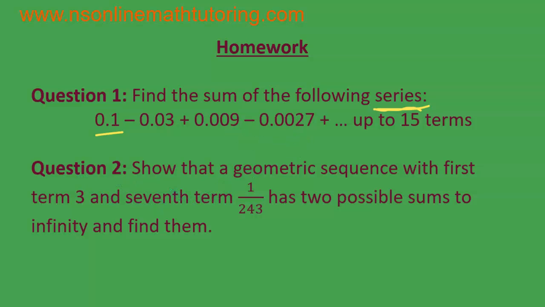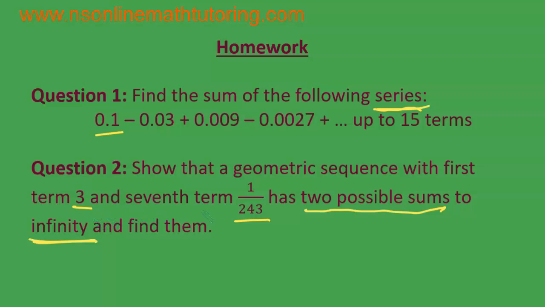And question 2 says, show that a geometric sequence with the first term as 3 and the 7th term as 1 over 243 has 2 possible sums to infinity. So, first of all, you have to show that this is a case of a convergent infinite geometric series, because they are saying two possible sums to infinity.